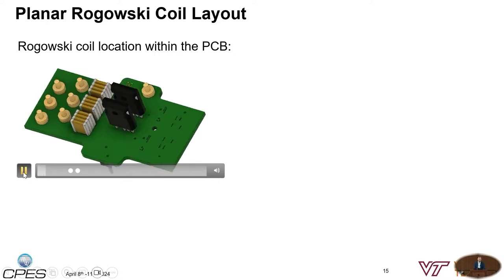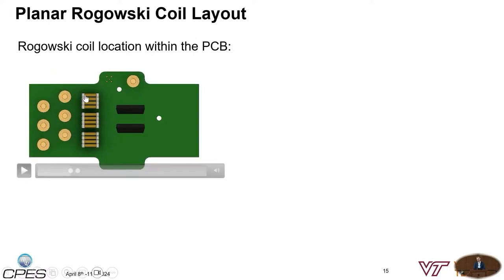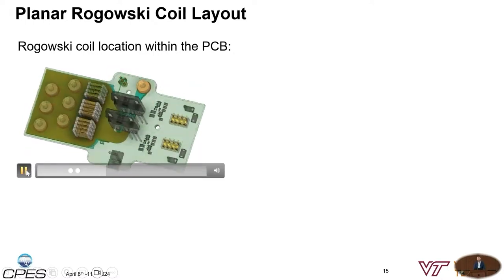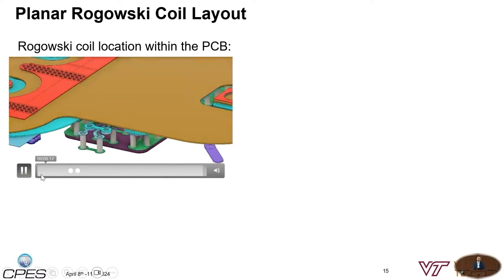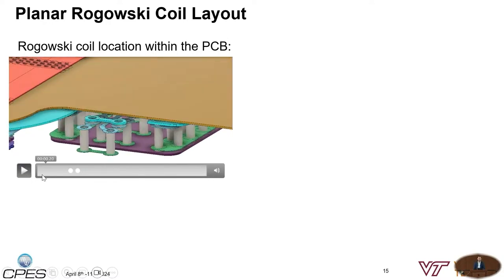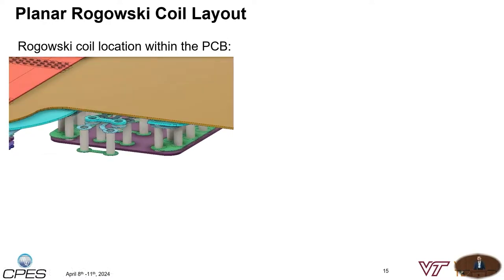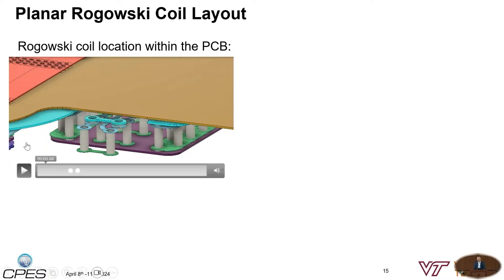We have placed the Rogowski coil between the decoupling capacitor and the half-bridge itself, so its location will be here. If we then hide the FF4 structure and zoom into the trace layout, you see that the Rogowski coil design itself is fully done within the PCB structure.